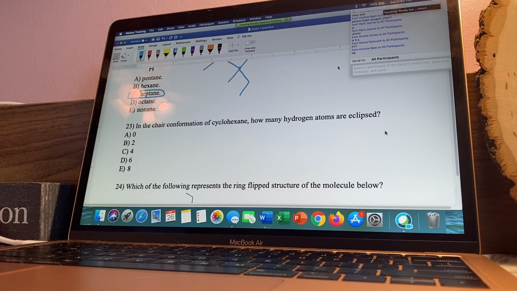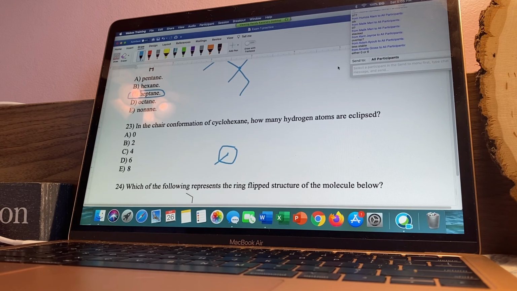So what do we know about eclipsed? What does eclipsed mean? Pretty much overlapping, less stable, right? So we can think of the Newman projection of cyclohexane. By the way, I think I picked like 4 on this one. I had no clue. So you have this, right?